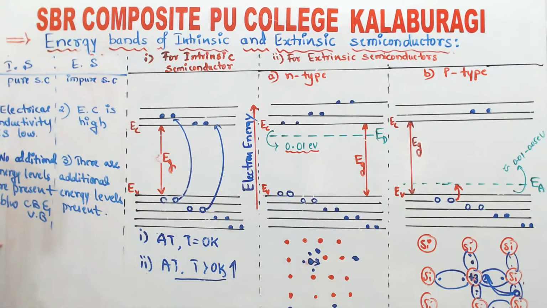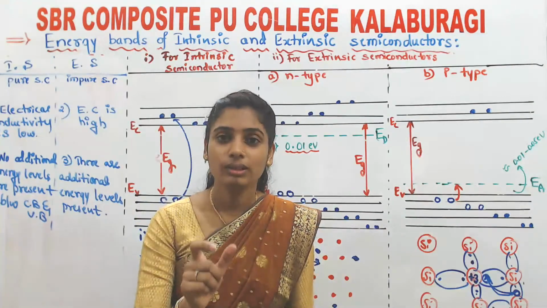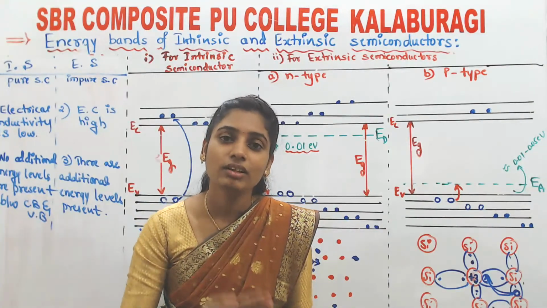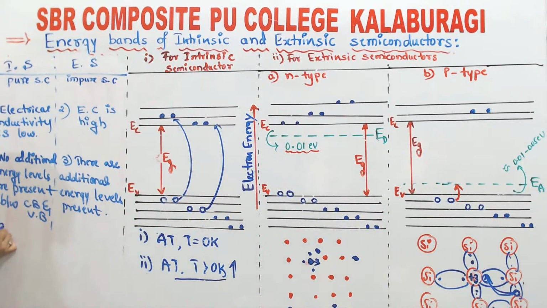Coming to the fourth one. Look at this. The conduction in the intrinsic semiconductors will be increasing with the increase in the temperature. I can write over here, as temperature increases, conductivity increases.